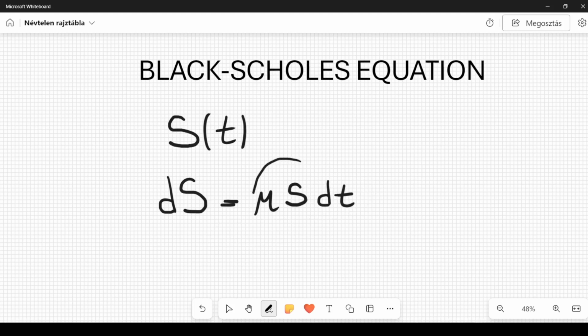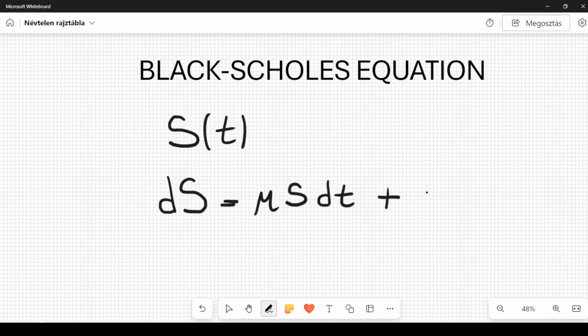So this is something that does not contain any randomness. We have another part, indeed, which models the randomness of the stock price. In particular, this is related to Brownian motion.